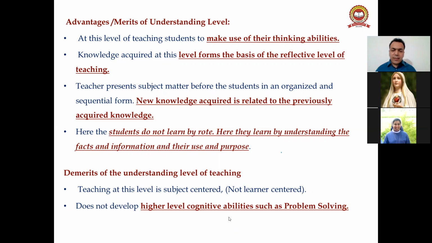Right? What are the demerits? Teaching at this level is subject-centered, not learner-centered. Again, it is not learner-centered. Okay? Reflective level of teaching is learner-centered. We will discuss it. It does not develop the higher level cognitive abilities, such as problem solving, among the students.